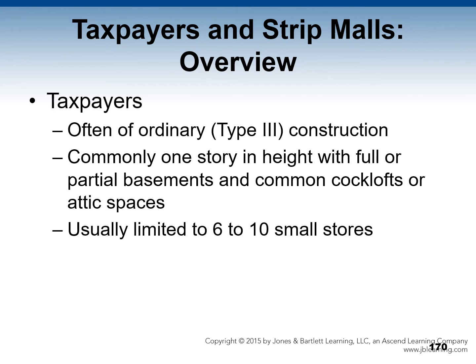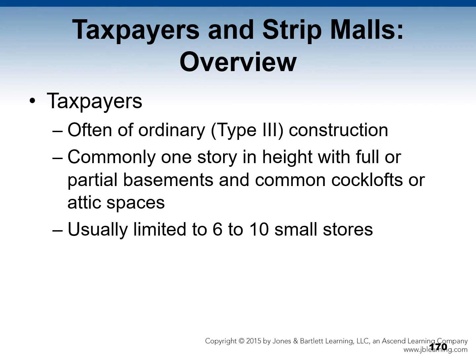Depending on the region, many taxpayers can have full or partial basements. Access to the basement is through metal sidewalk doors and stairs or interior trapdoors in the stores themselves. They are usually limited to approximately 6 to 10 small stores or other commercial establishments, and most often have cockloft or attic spaces.